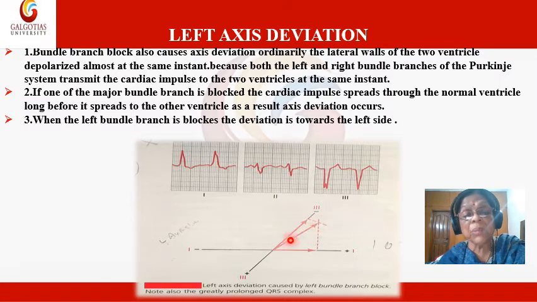This shows the mean electrical axis, and here the recording is towards the minus because of the obstruction. So here again the mean electrical axis, which should be in this direction, is in the opposite direction, and it indicates the slow depolarization of the left ventricle because of the obstruction in the left bundle branch.